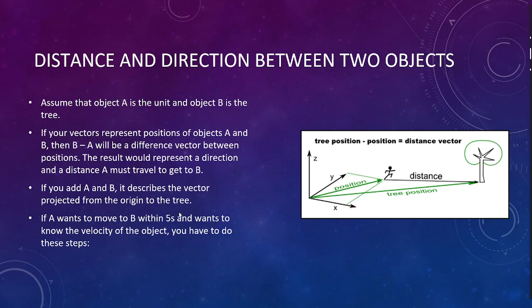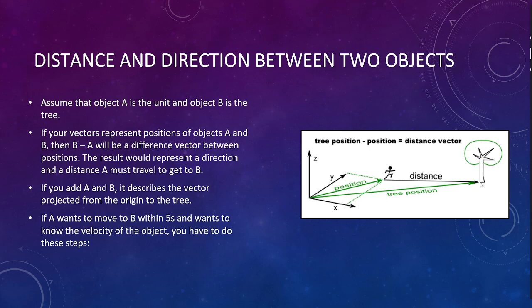If you add A and B, it describes the vector projected from the origin to the tree. Meaning, let's say, galing si unit sa tree, and then with his vector, he added, yan yung projected vector.